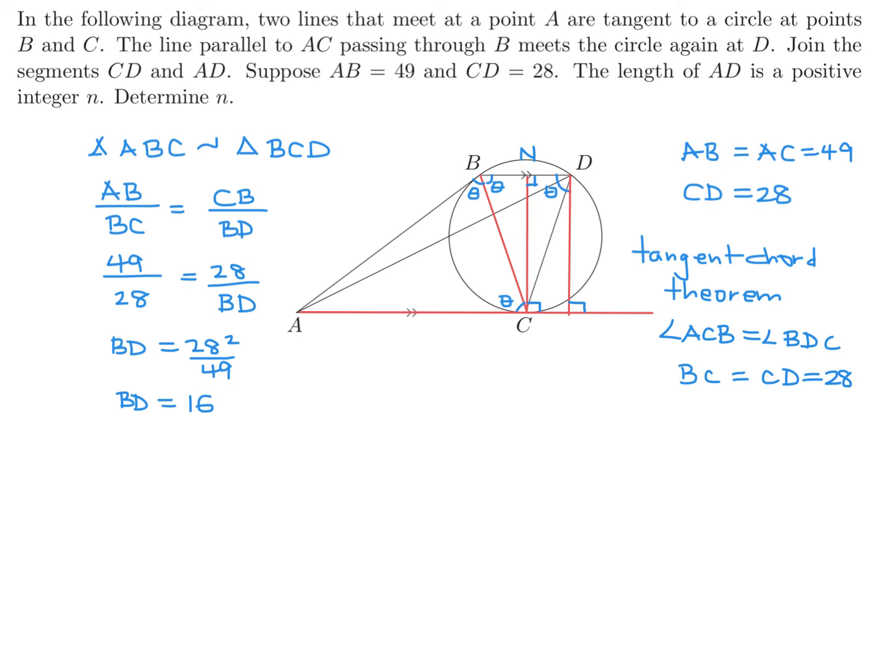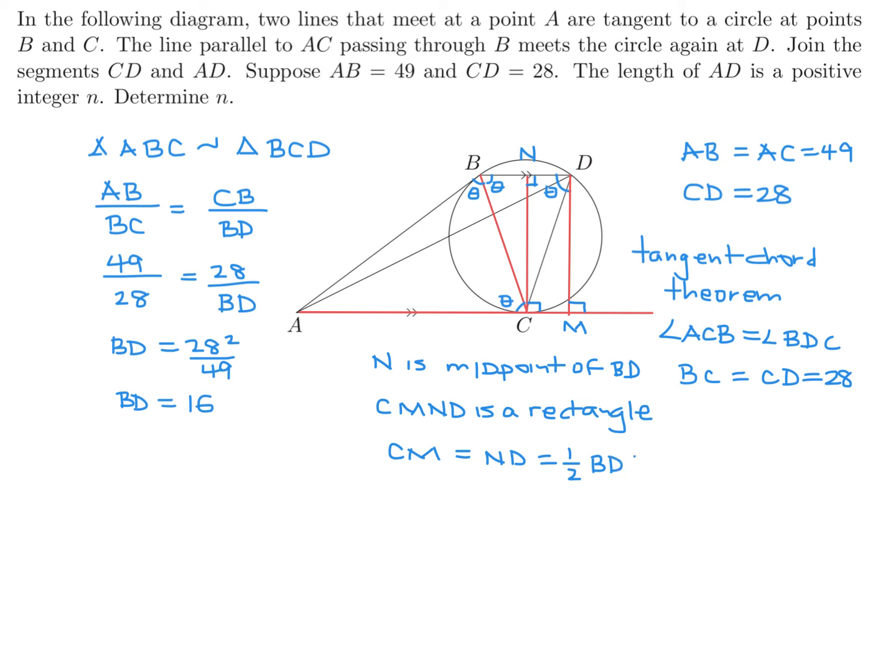So that means that N is the midpoint of BD, and CM, well, this is M, CMND is a rectangle. And then CM, therefore, is going to be the same as ND, which is half of BD. And BD we just figured out was 16, so half of 16, which is 8.